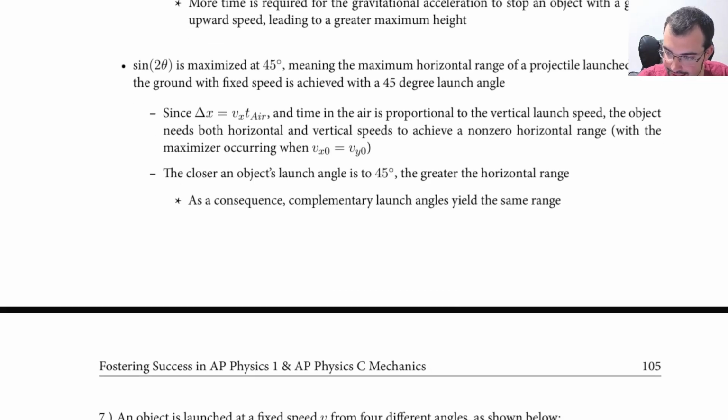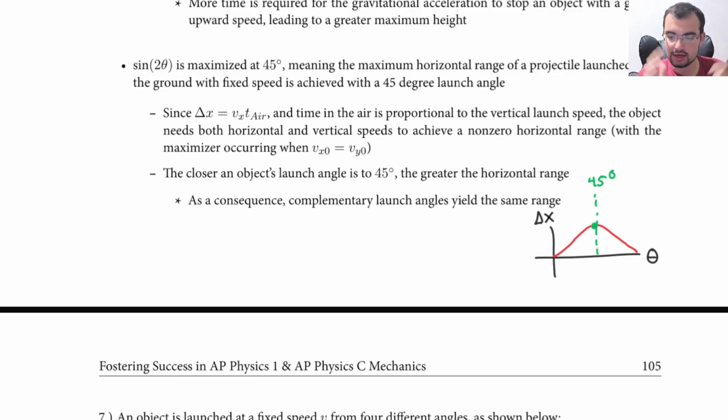So if you actually graph what this looks like, we should call this delta x. You get something that looks like this, where this peak is right at 45 degrees, and it's symmetric. So if your angles are the same distance from 45, they yield the same range.